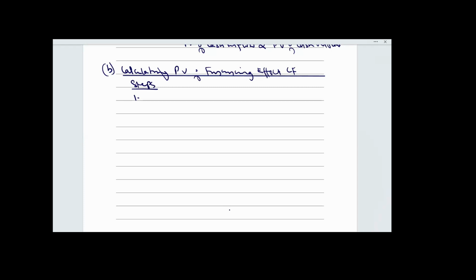So the first thing you need to do on that day of your exam, you want to calculate APV, because APV could be a compulsory question. So that means you have no choice. You just have to solve it.